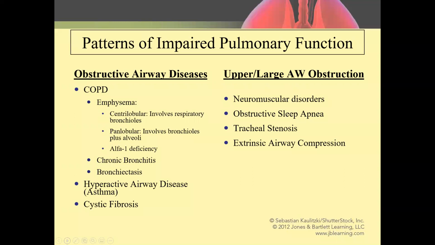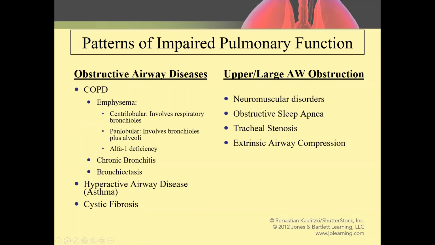But again, bronchiectasis may actually be a concomitant finding with severe chronic bronchitis. The patient has repeated pulmonary infections, and they have reduced compliance of their airways. They develop pocketing in the actual airways because of the repeated infections, and it becomes problematic.